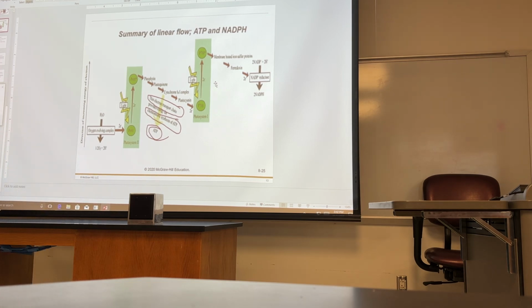Those are 2 critical processes related to this. You know, the ATP, the water split, the ATP and the NADPH, and all of the energy that's generated, because overall this is an energy requiring mechanism. It requires energy.